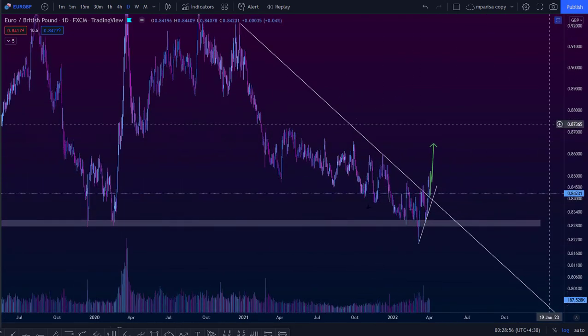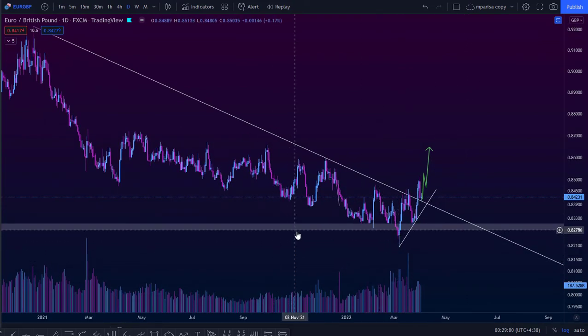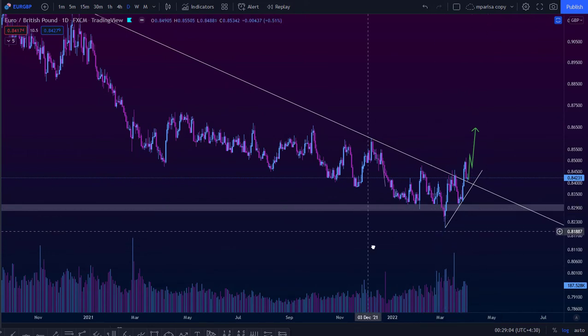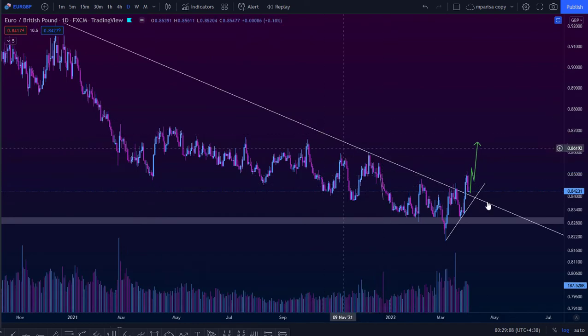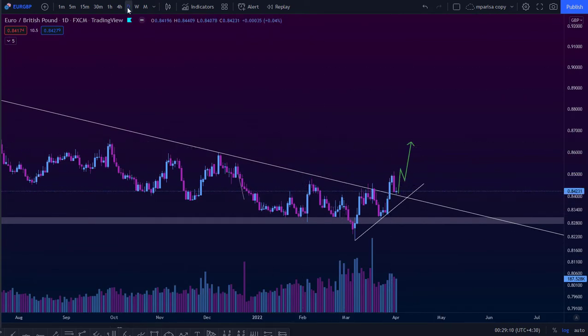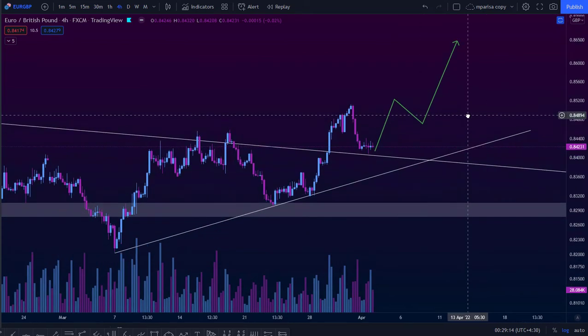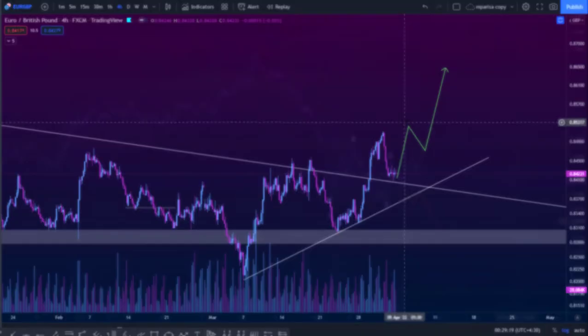As we see here, we had a fake breakout on our static area, which you might have hit a stop loss, but it doesn't matter. What matters is that the trend line is broken, a pullback was made, as we can see on 4-hour, and all I'm expecting is that Euro GBP is gonna go up probably.